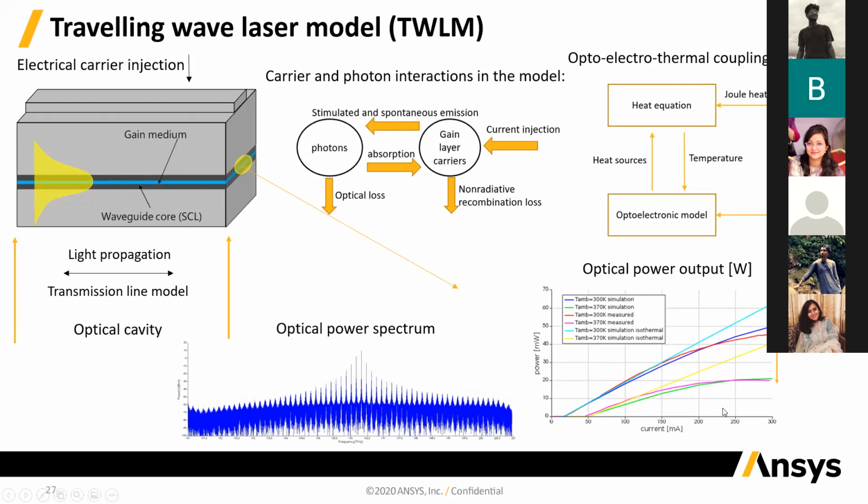So finally, when you look at the output, as you push more and more current in your laser, the optical power goes up, but if you account for all of these losses and Joule heating, you'll see that at high input current, the output power drifts off, and you get less and less power or saturation in your power. This type of advanced effect can also be captured by using the TWLM model.